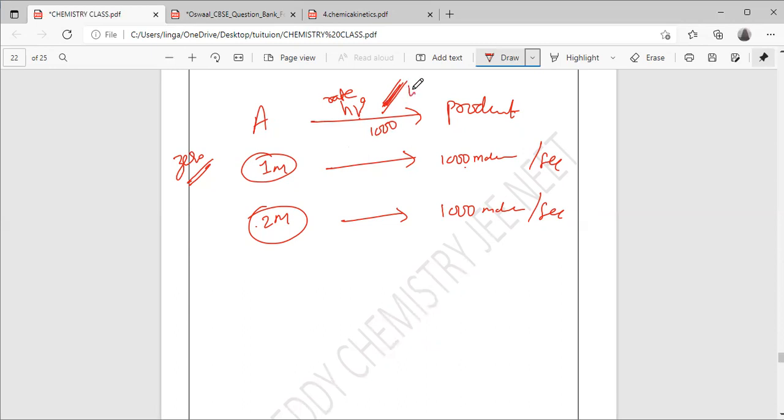I am using this light, 1000 rays are there. Each ray is reacting with one molecule, and the molecule is converting into product. Is this theory understood? One slit of light is there, and in that 1000 rays are there. Each ray is actually one photon.